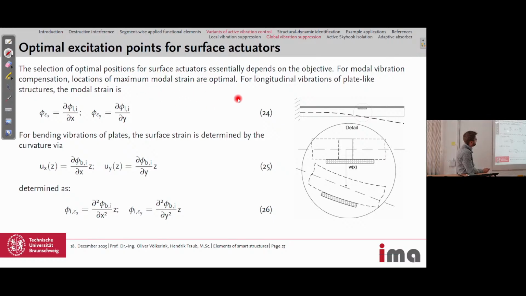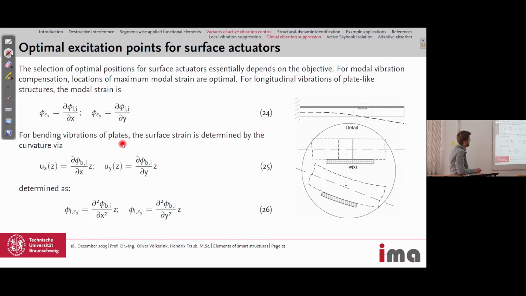So we can derive the eigenmodes with respect to the space. If we have a plate, so this is not for a beam, but for a plate-like structure, 2 dimensions, x and y, then where these derivatives are maximum, these are the optimal excitation points for the surface actuators.